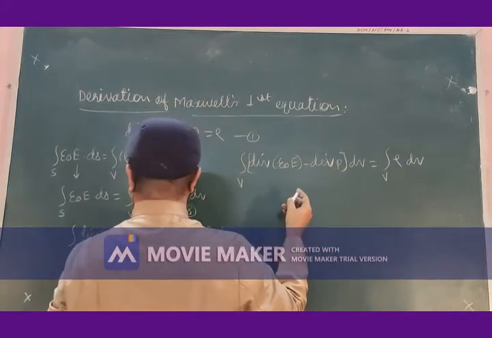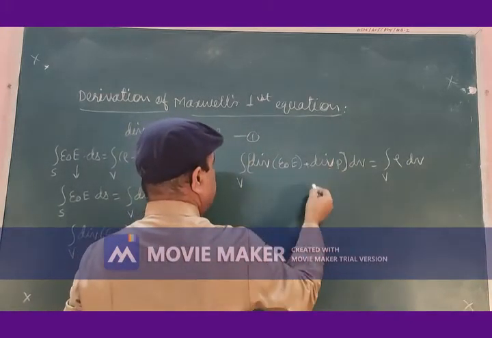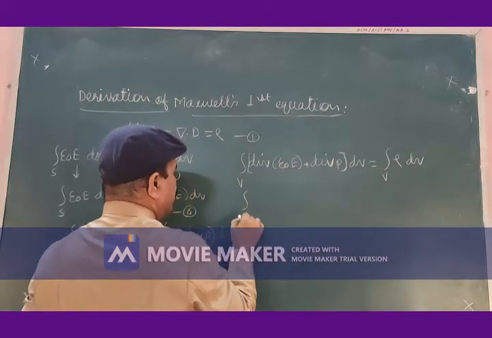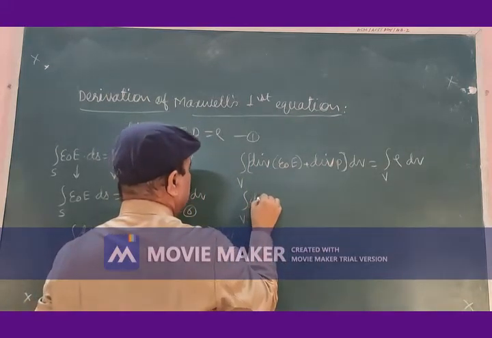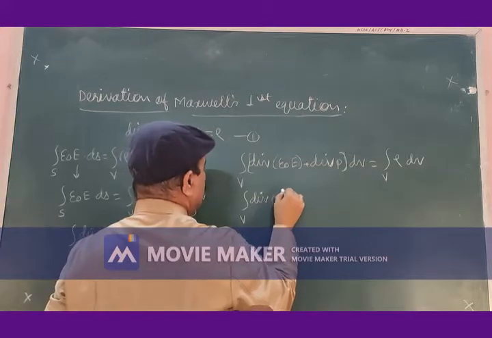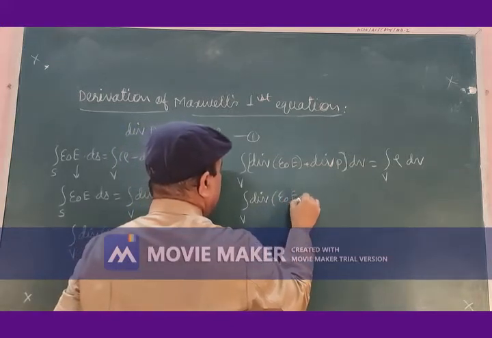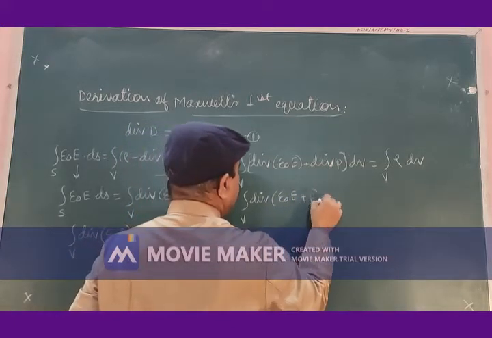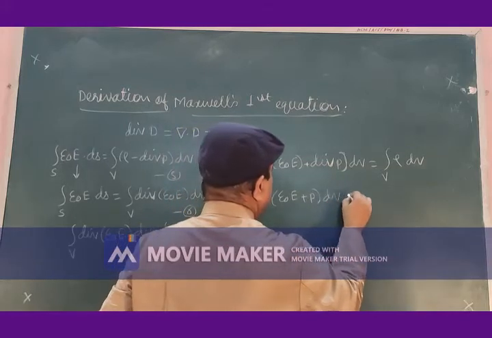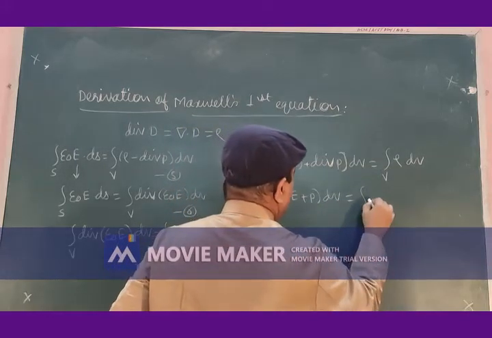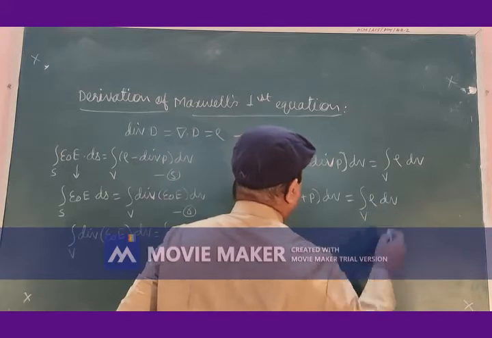This is for the minus, so it will become plus on this side, or volume integration of divergence of epsilon 0 E plus P into dV equal to volume integration of rho dV.